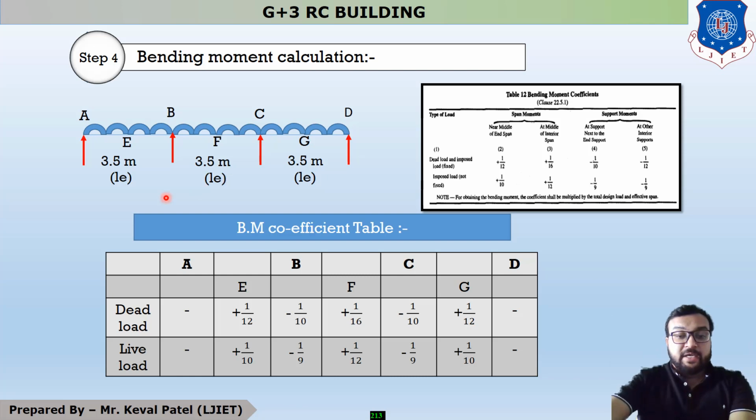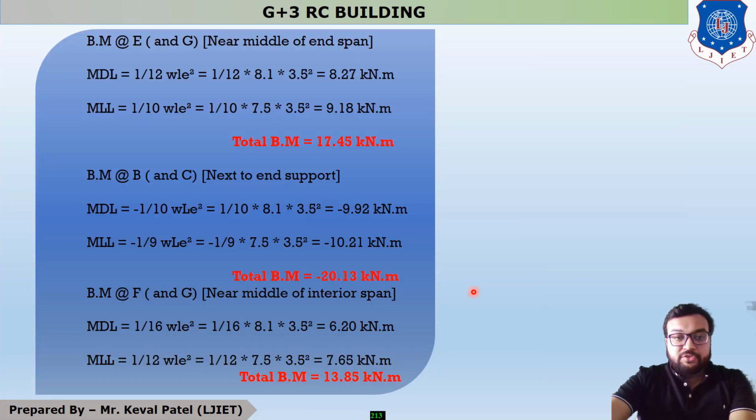It means our dead load coefficient is 1 by 12, so our bending moment for dead load is WL square by 12. We have to multiply these coefficients with WL square. So the moment due to dead load is equal to 1 by 12 of WL square.